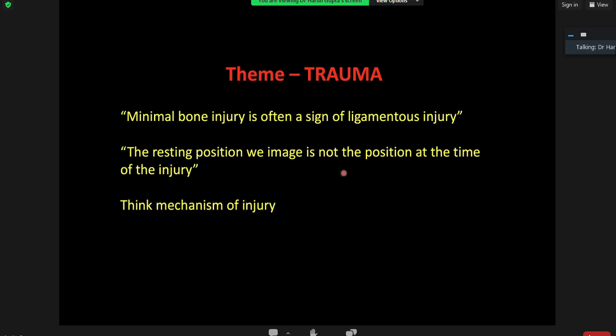So we have to apply our mind when we look at the imaging. What is the pattern of imaging I'm seeing? What are the possible things in this particular case? Is it purely bony injury or can there be ligamentous injury as well? So it is very important to think about the mechanism of injury, any trauma in MSK.